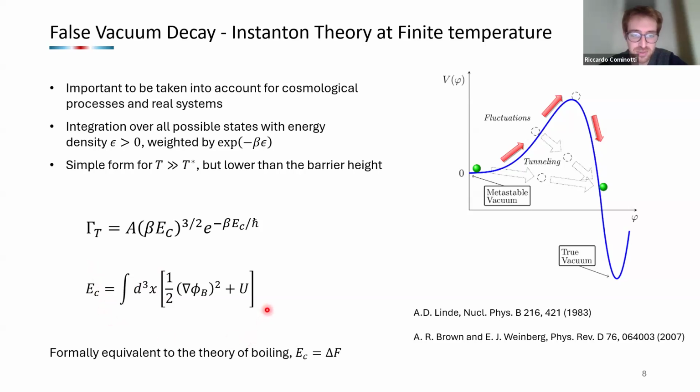A nice thing about this formula is that it should now be clear that the energy barrier that the field has to overcome does not include only the potential, the original potential itself, but it also includes the kinetic contribution, so the contribution of the surface of the bubble.